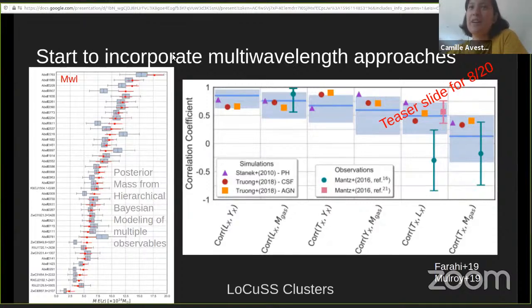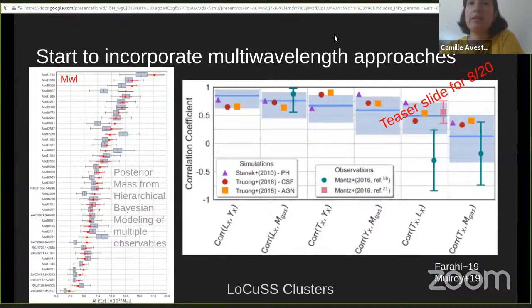So these figures are from Farahi 2019 and Mulroy 2019, where on the left-hand side, this is showing the posterior mass derived from hierarchical Bayesian modeling of multiple observables of 41 clusters from the LoCuSS sample. And in red, color-coded by the text I added there, are the weak lensing mass estimates.